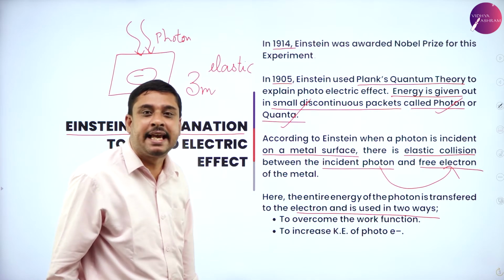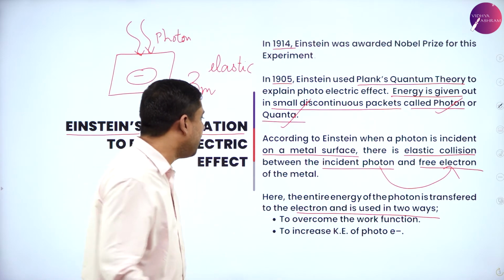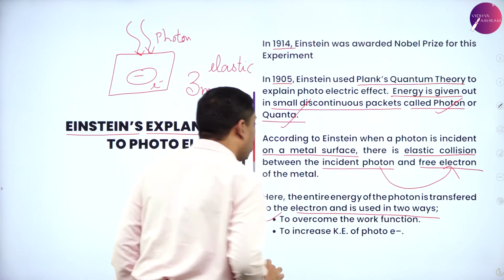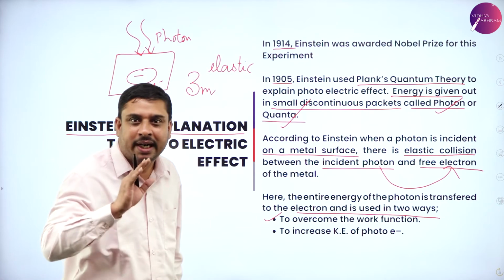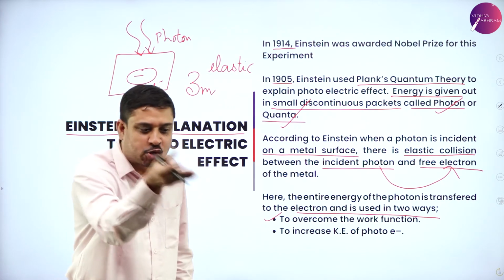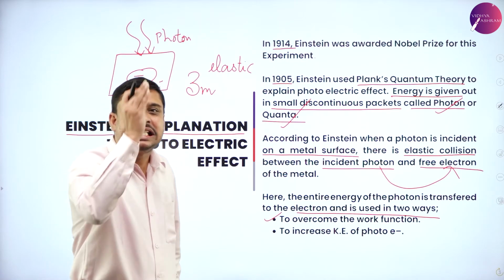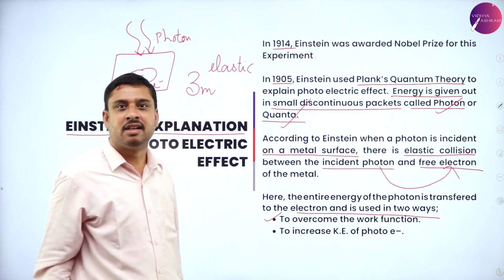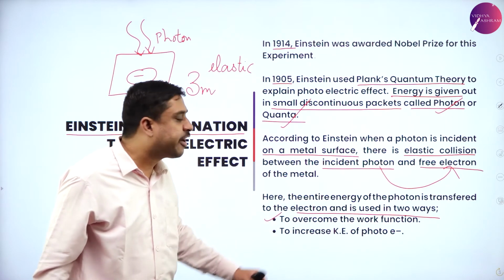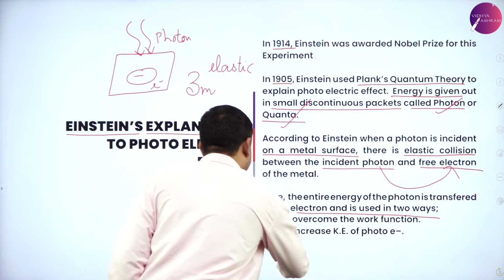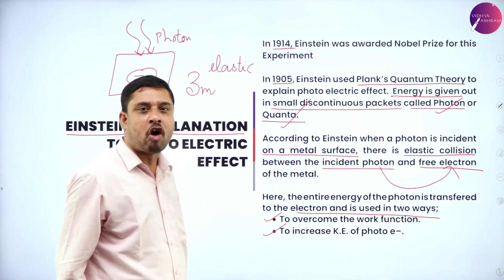It is using the energy in two ways. First, to overcome the work function of the metal. To be liberated outside, it has to break those restraining forces, surface forces. So it has to overcome the work function and to increase the kinetic energy of the electrons.